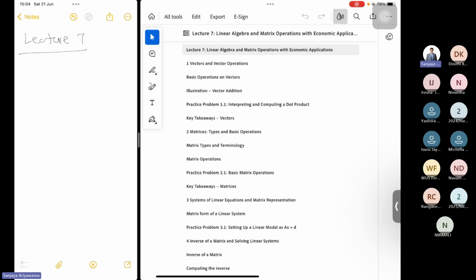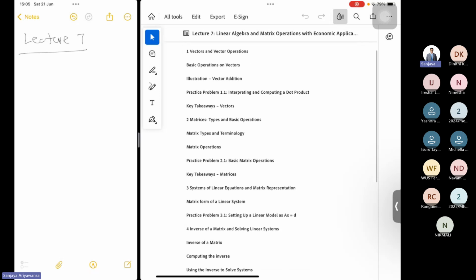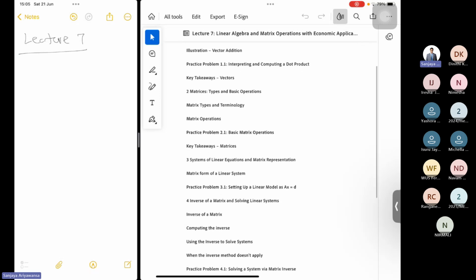In today's lecture, we're going to look at matrices very specifically. What I have shown on the screen is the lecture structure that we're going to follow. We are first going to look at vectors and vector operations before we come to matrices. Then we will look at matrices, the types and basic operations.